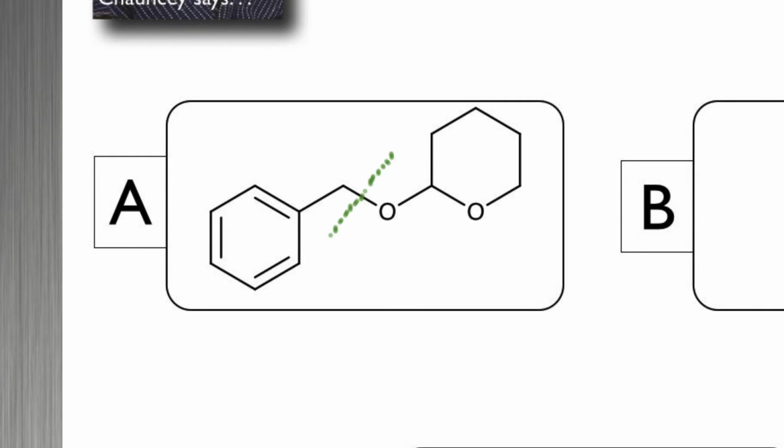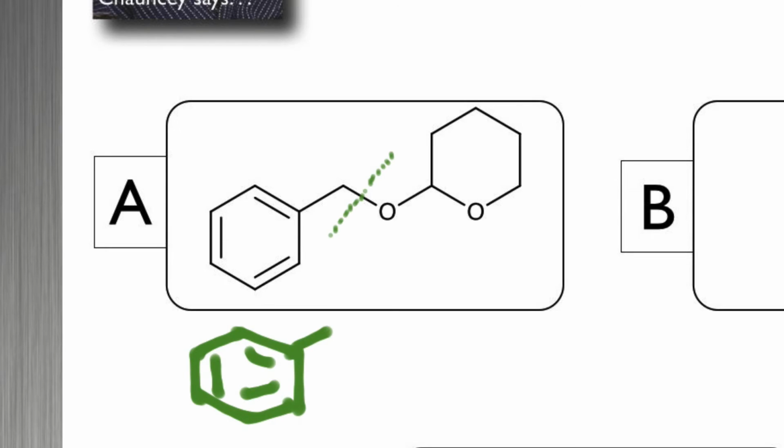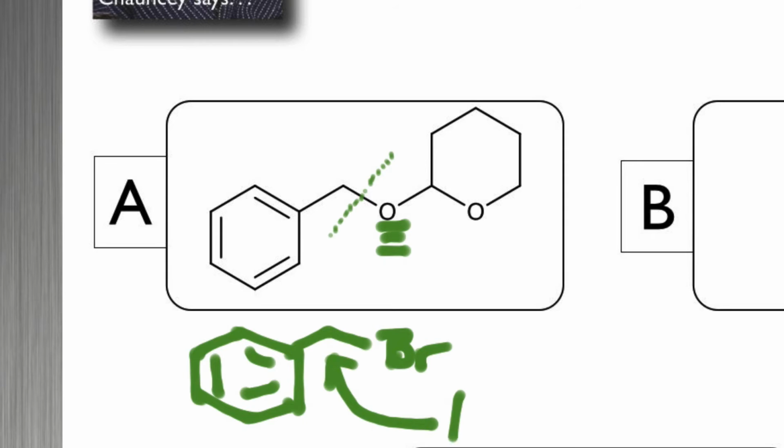I could imagine having benzyl bromide, where that carbon has my leaving group, and this alcohol as my nucleophile, that alkoxide. That looks like it'll work.